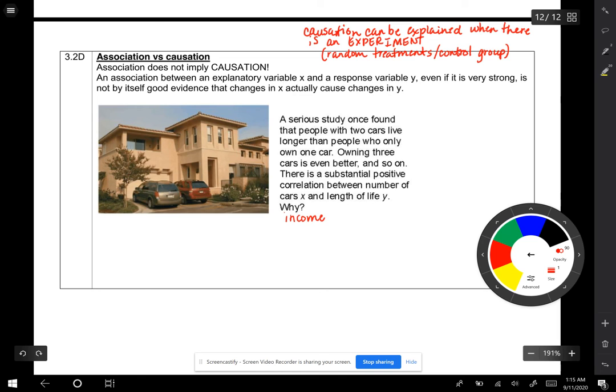So when you have more money, you tend to have access to better medical care. You can be better educated, and so on. And all of those things imply that you would live longer. So, income, better educated, better medical care.